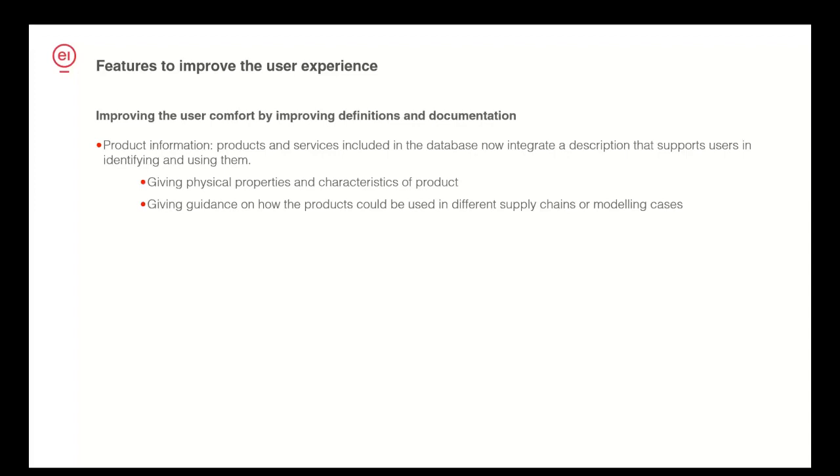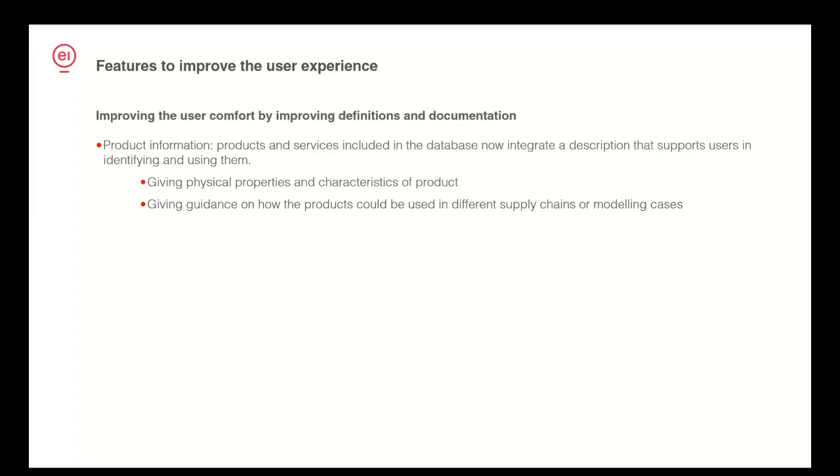So if the product is a service, for example, it will explain how it has to be used in the downstream consuming activities by giving relevant information, for example, lifetime, or do I need to take also an input together with this service, or can I use this service as a standalone because it contains also the resources it needs to function?